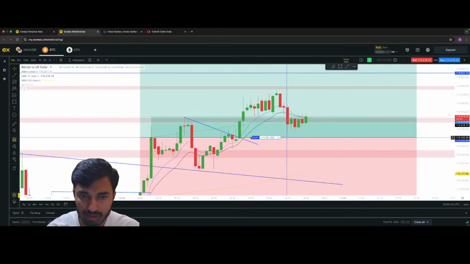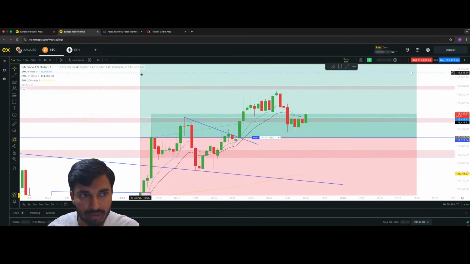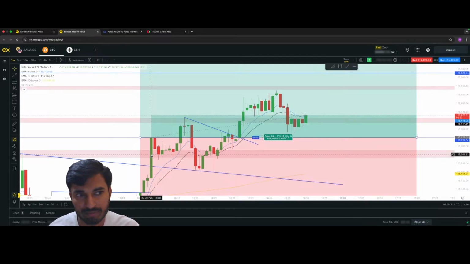You can see this one candle is 85 points, and this candle is 189 points. We'll call it pips, 189 pips or 189 points, only one candle.